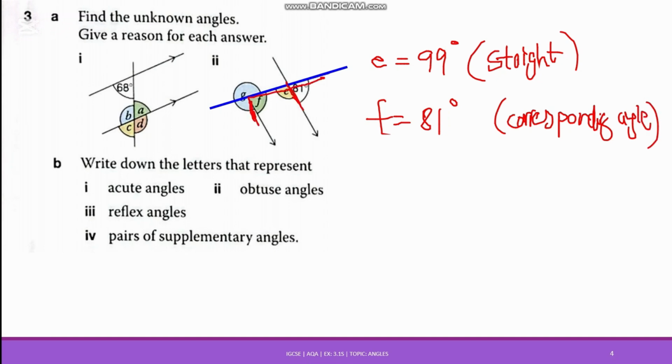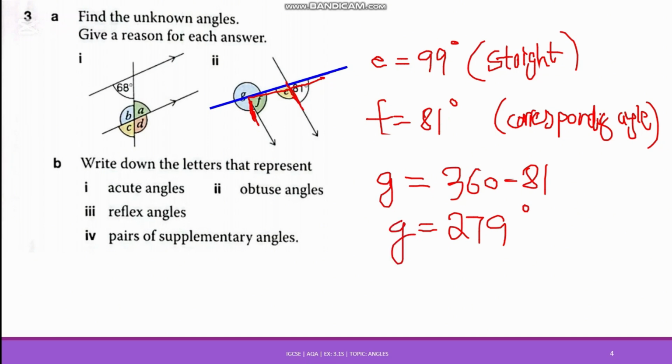To figure out the size of G, we'll subtract 81 from 360 degrees. It will be 279 degrees.